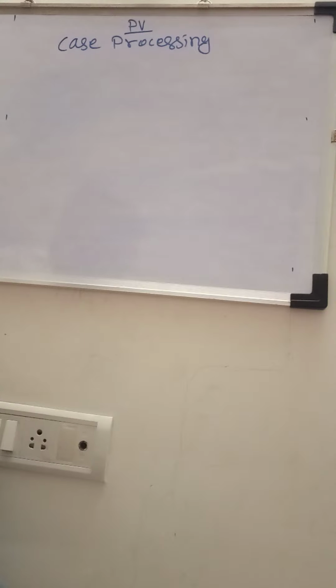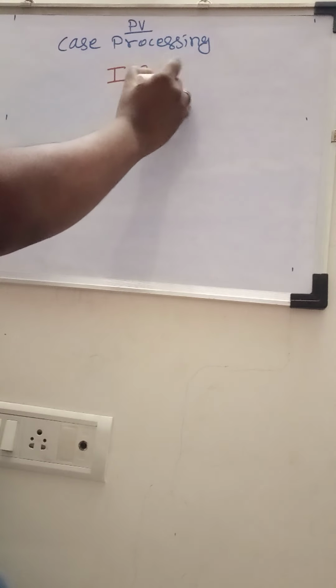This topic is mainly focused on beginners who would like to start their career, or are already in the learning curve of the PV ICSR department. So in PV case processing they use the term ICSR.